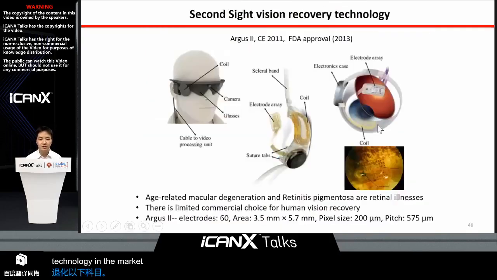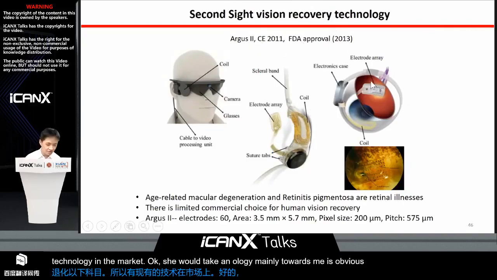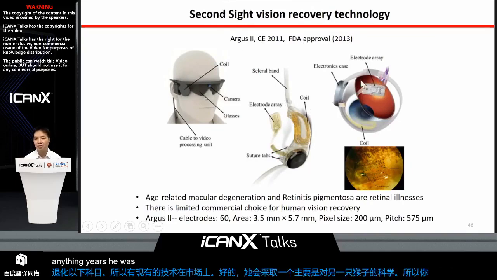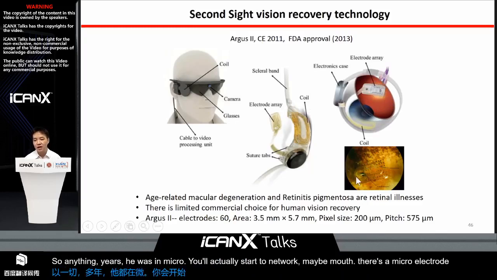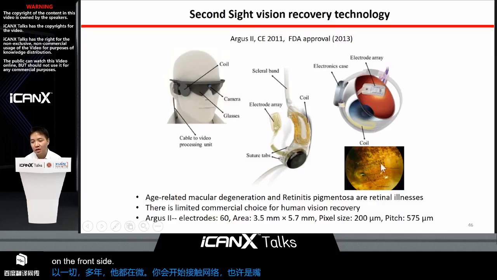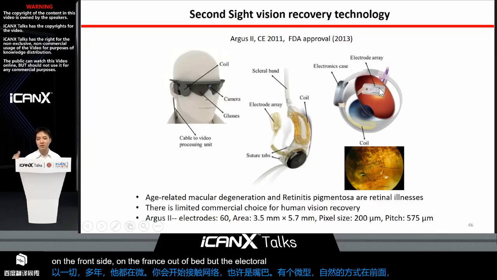There are mainly two technologies. One is Argus-2 technology. In this technology, the engineers use a micro-electrode array, a metal electrode array. They mount this micro-electrode array on the front side of the retina. But the electrode array does not generate the photoelectric signal.